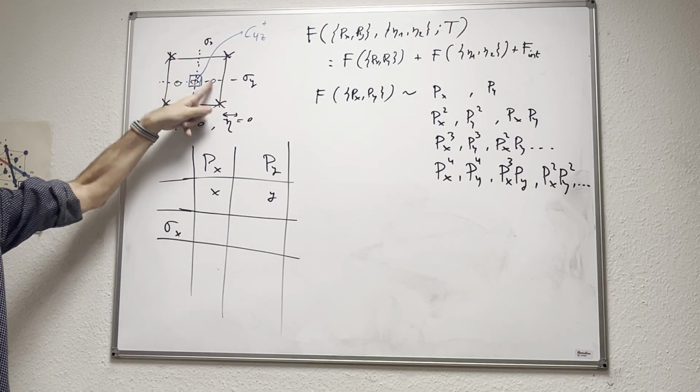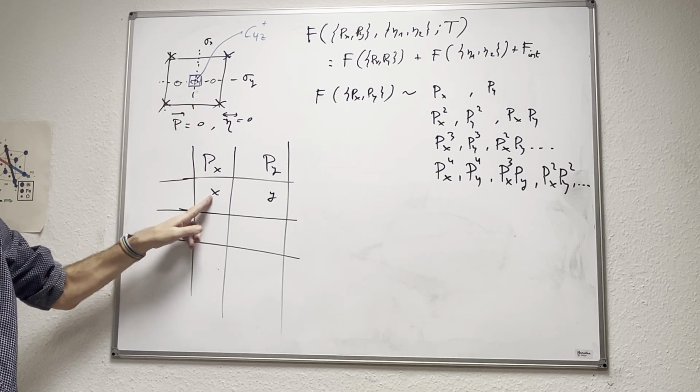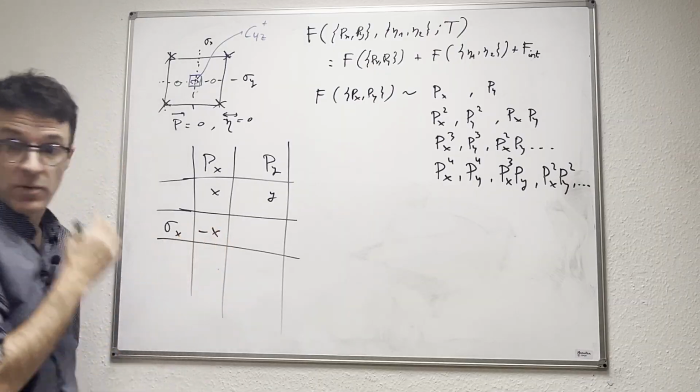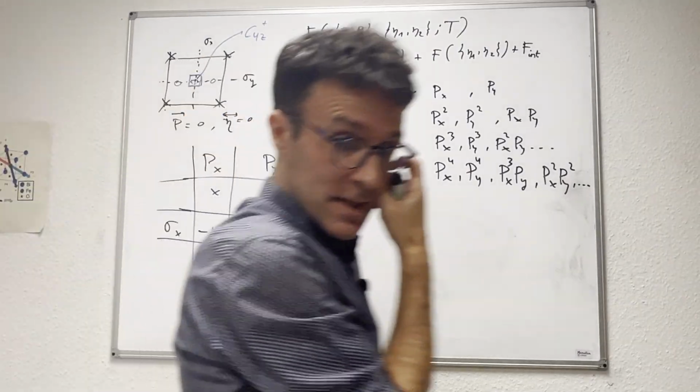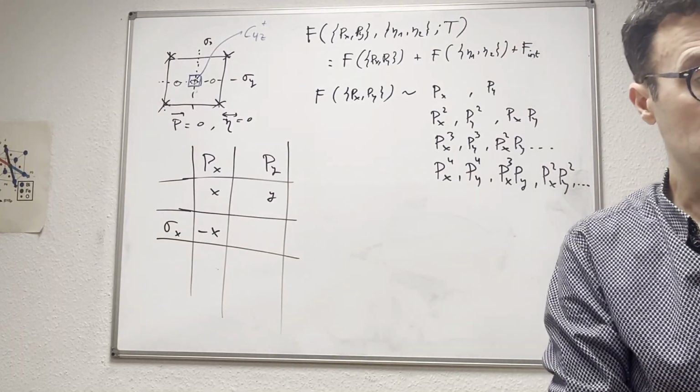If the atom was here, I apply sigma x, the atom goes here. So I go from Px being x to Px being minus x. The transformed state has a polarization along x that is exactly the same but with a different sign.